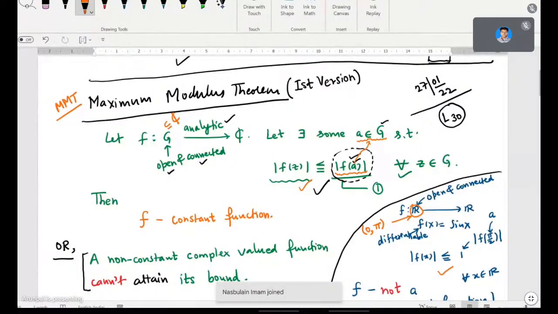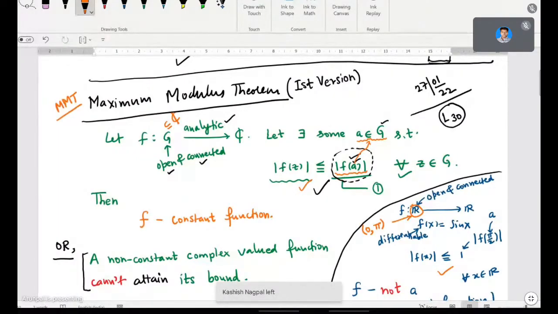Yes, sir. But still, I'm making a special emphasis on it. And I am putting it this way. Function is attaining its bound. And because the point at which the function is attaining its bound is within G, that's why the function is constant.